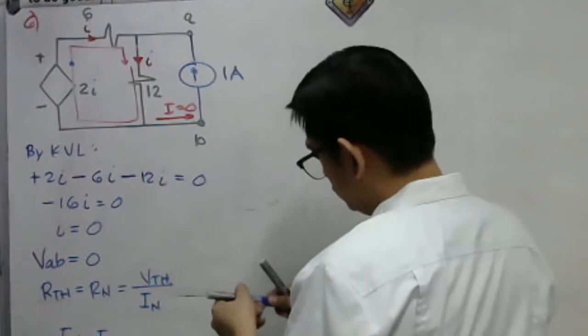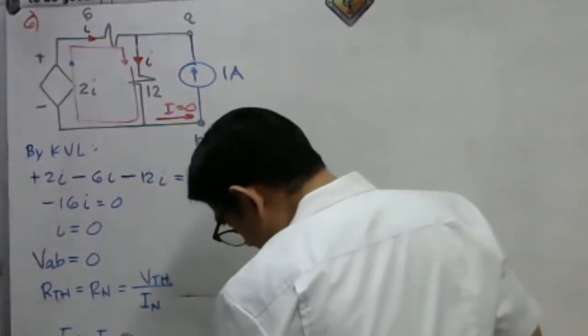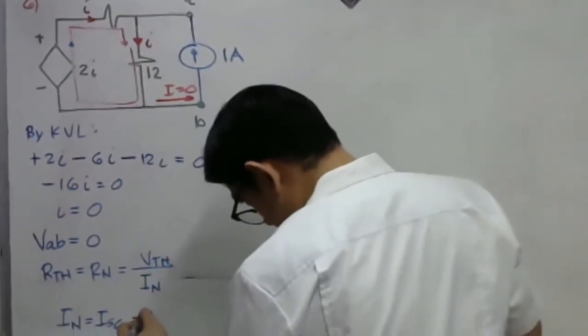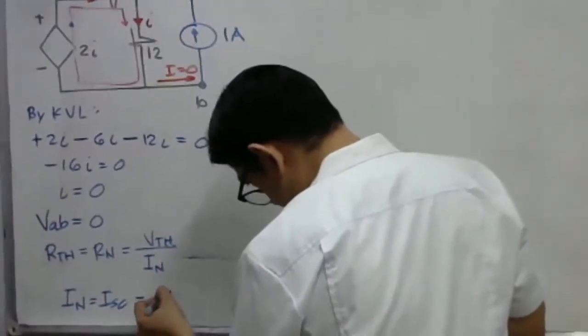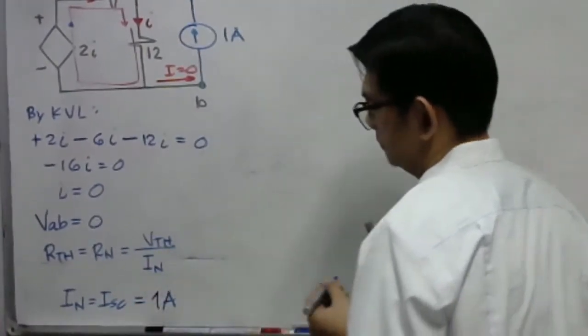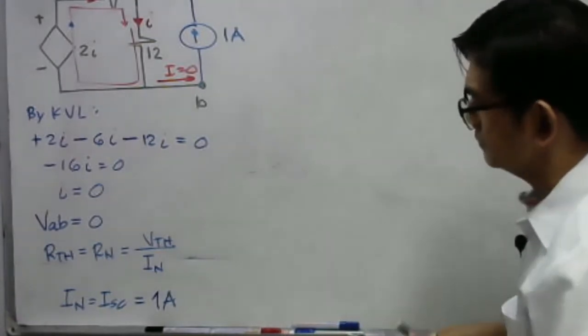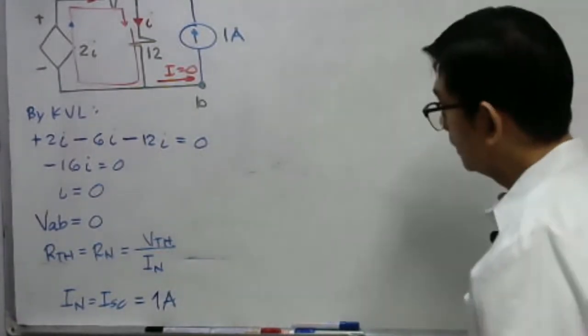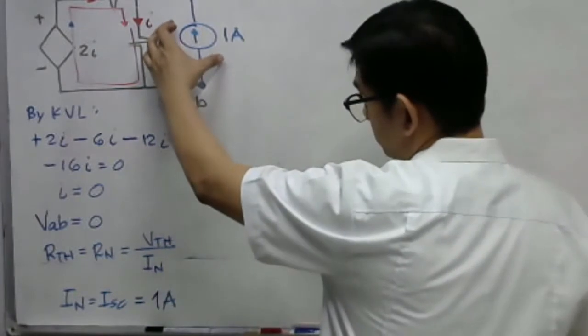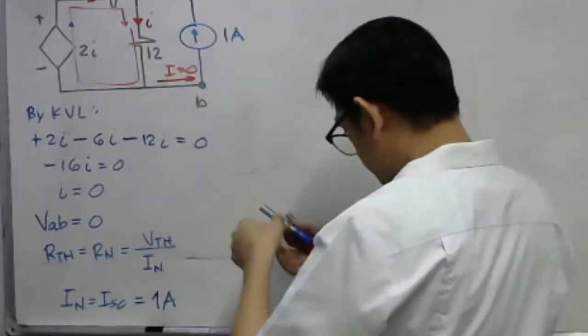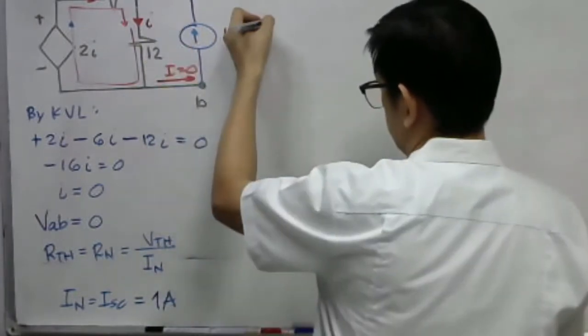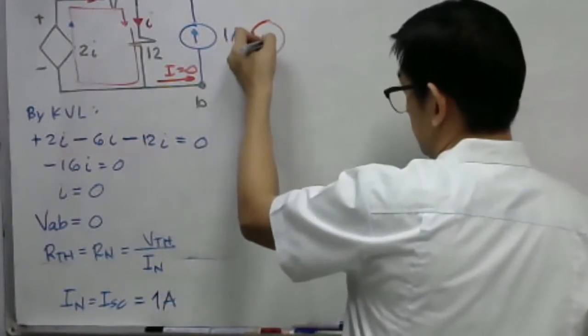So, we put the 1 ampere current source here. If we consider this 1 ampere, there will be a VTH here.